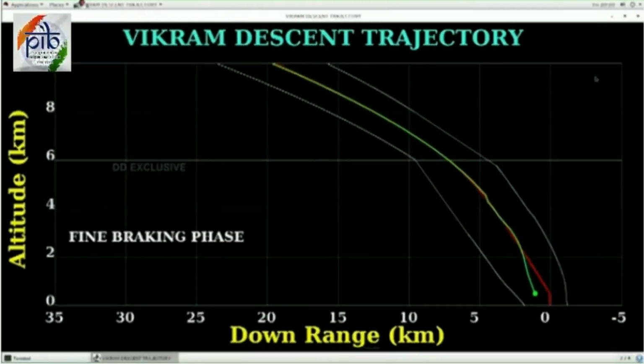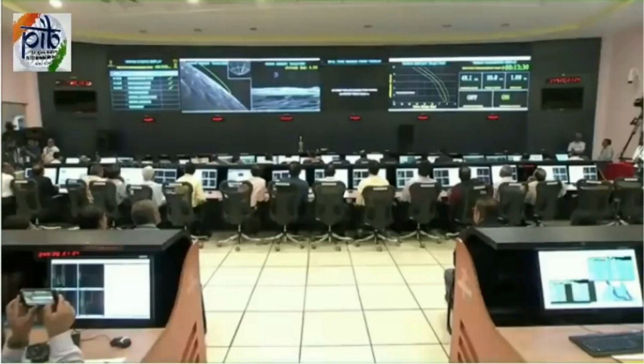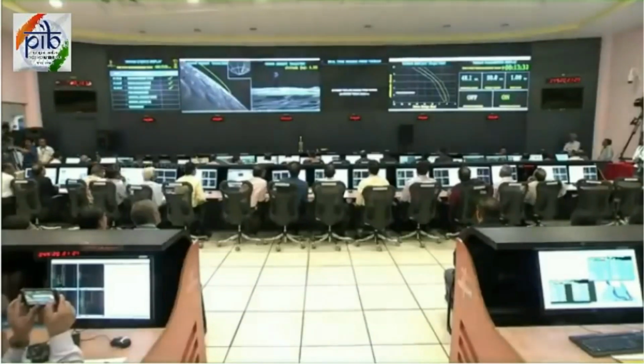The velocity right now, if you look at the plot, we have the Vikram lander has a horizontal velocity of nearly 48 meters and vertical velocity of 60 meter per second. After the completion of the fine braking end, we will have the vertical descent operations where the spacecraft will be moved from nearly 400 to 700 meters down to the lunar surface.